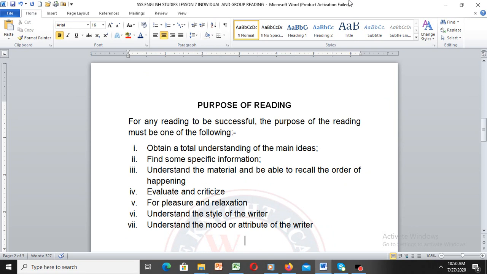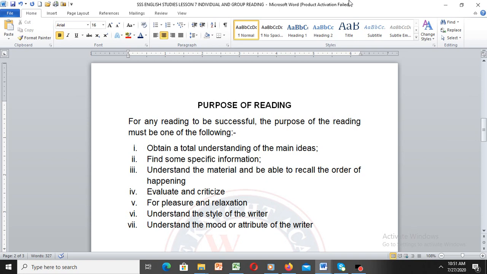Then, we want to look at the purpose of reading. For any reading to be successful, the purpose of the reading must be one of the following. What we are trying to say under this subheading is that why do we read? There must be a purpose why we read.